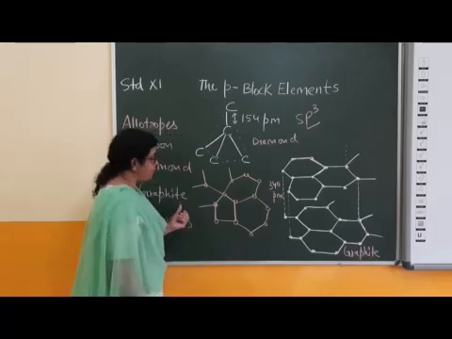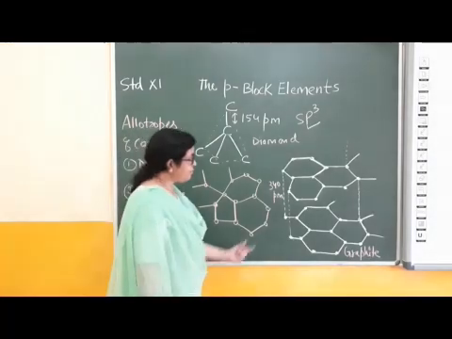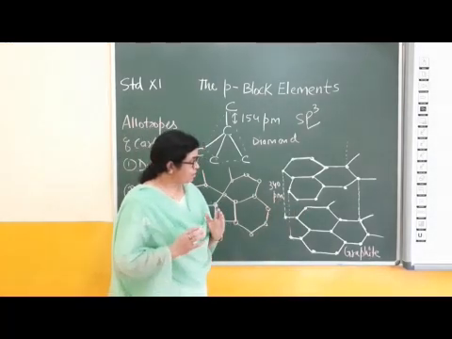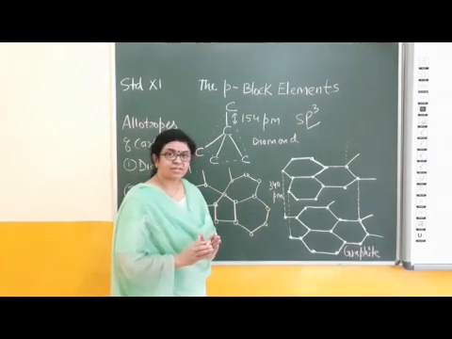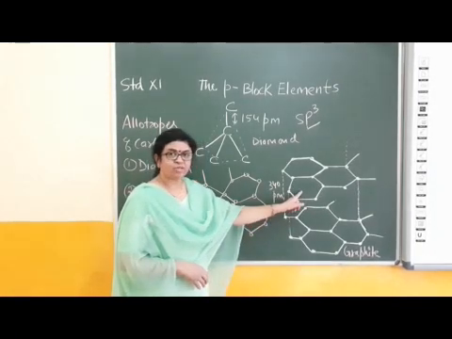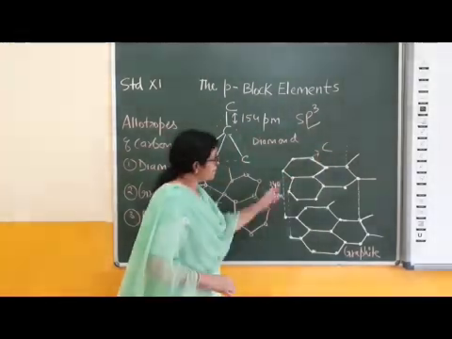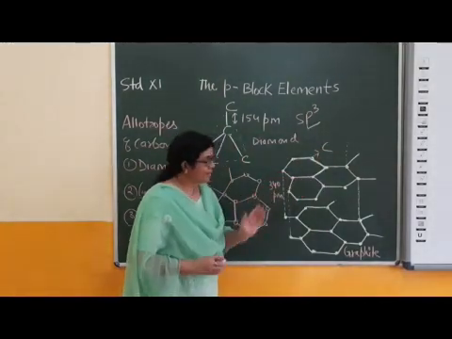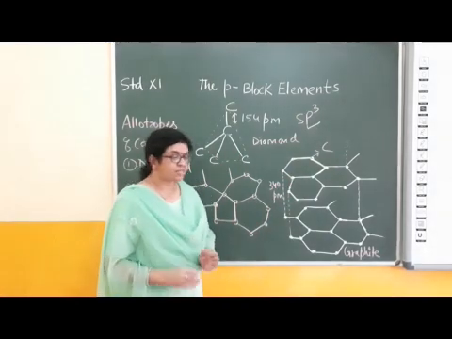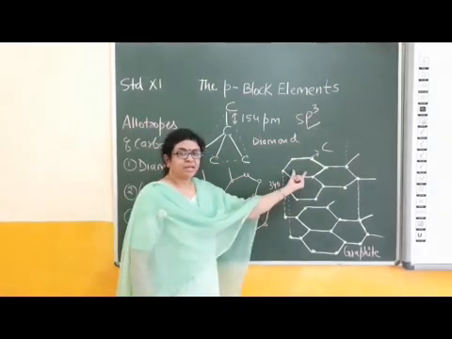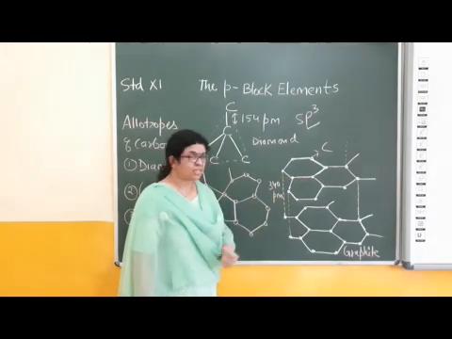The second allotrope of carbon is graphite. What is the arrangement of carbon atoms in its structure? Hexagonal arrangement. Each dot shows carbon. Six carbon atoms in a cyclic manner form a hexagonal shape.